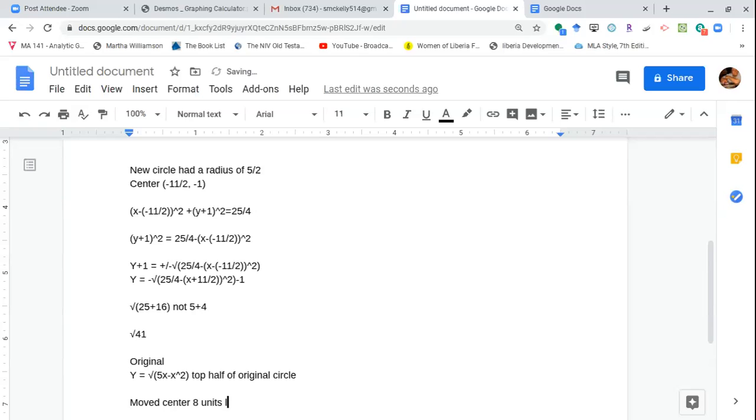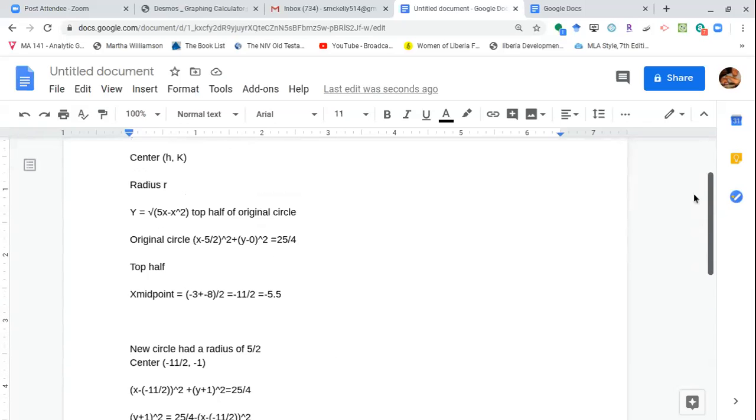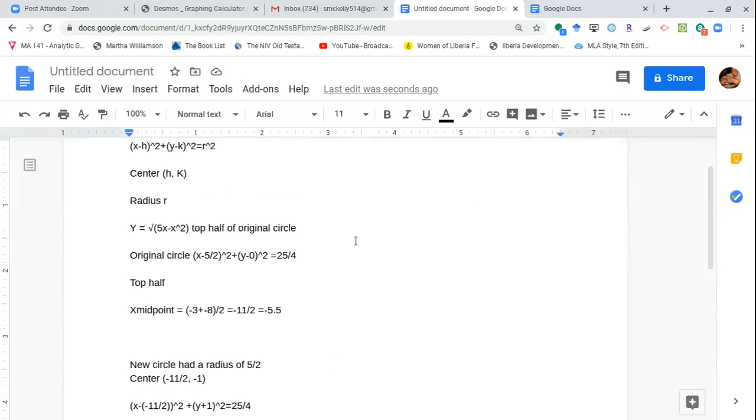Yes. 8 units left, and you moved it 1 unit down, because the center went from 2.5 and 0 to negative 11 halves and negative 1. So it moved 8 units to the left and 1 unit down.